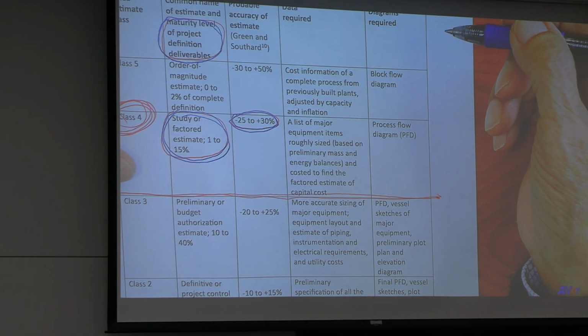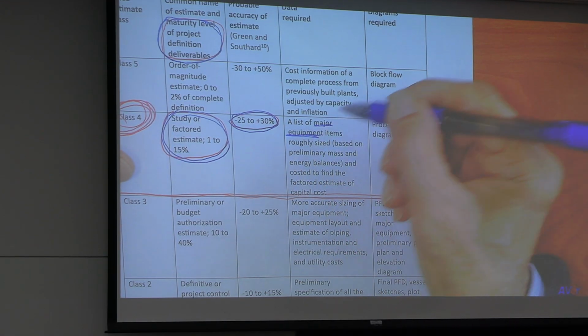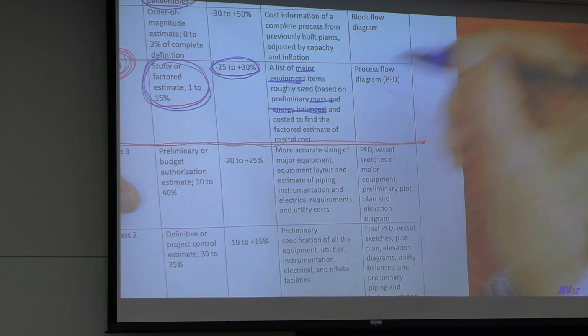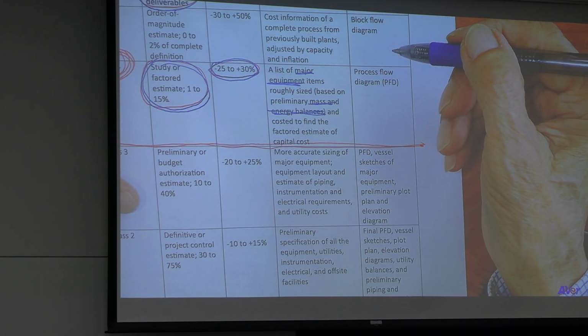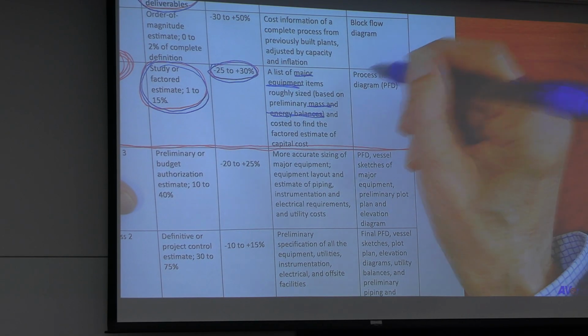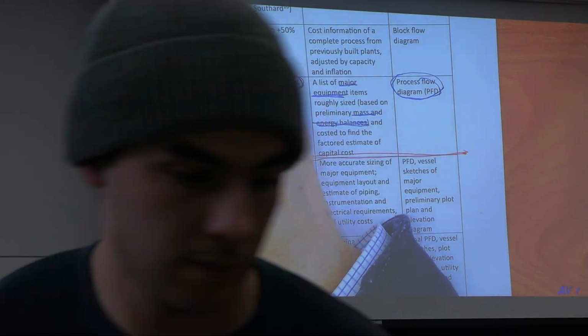What do you need? What are the major equipment? Based on mass energy balances. That is your estimate simulation. What diagram do you need? Flow sheet. And this is what we are doing.